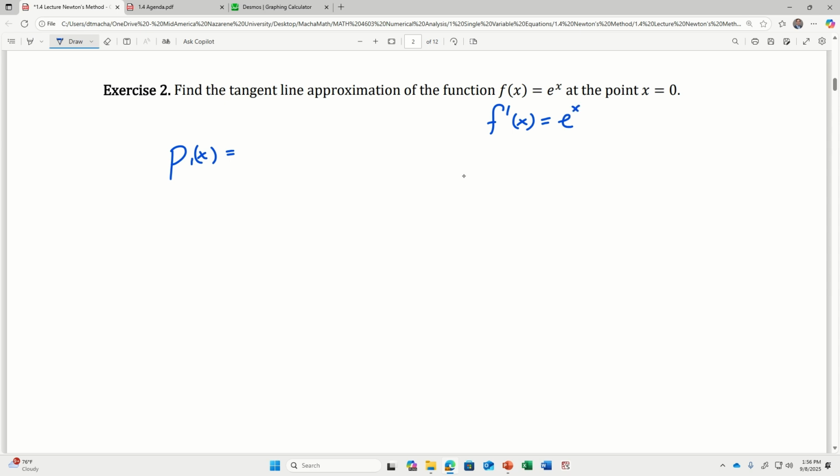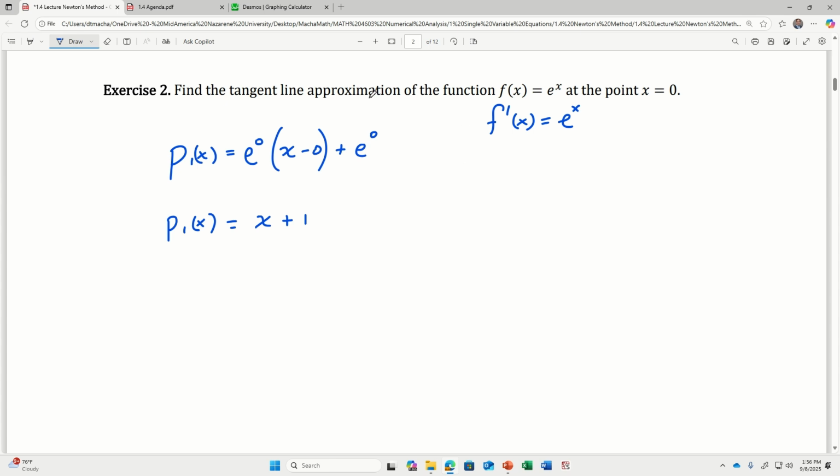So when I'm using my little formula here, this is f prime of 0, which is e to the 0, times x minus 0 plus f of 0, which is e to the 0. In other words, my tangent line approximation is 1 times x plus 1.